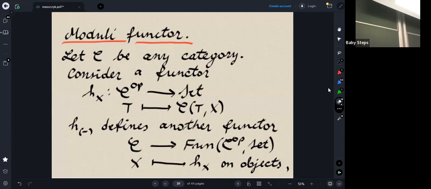And then this defines another functor from the category C itself to the category of functors from C opposite to Set. Such functors are sometimes called presheaves, if you like fancy terminology. Okay. So on objects, it acts as follows. If we have an object X, we associate with it this functor H_X described above.